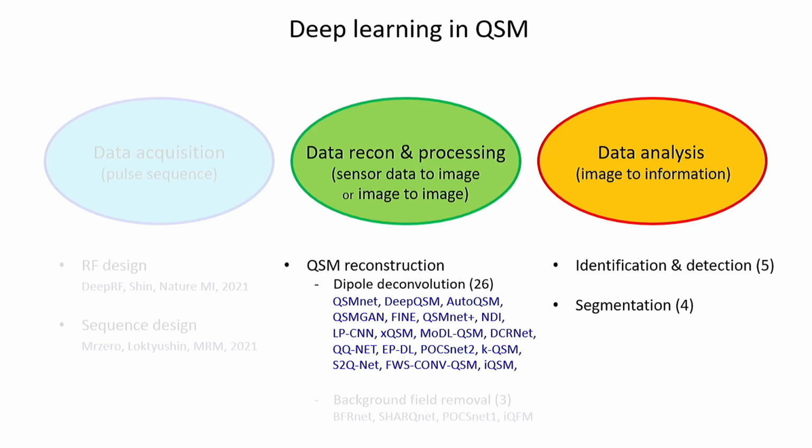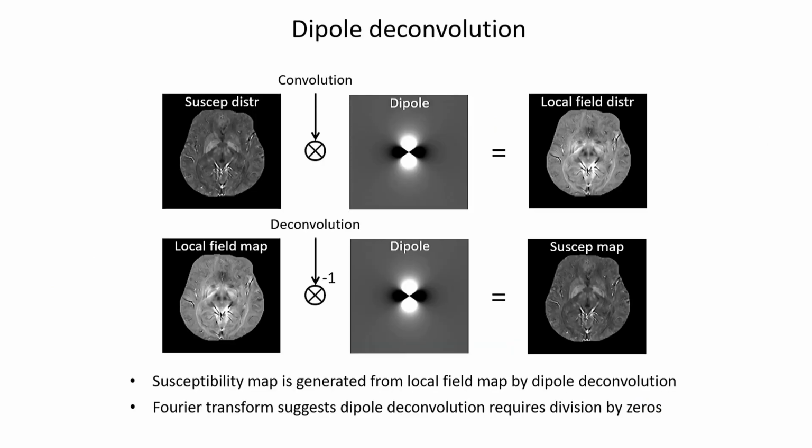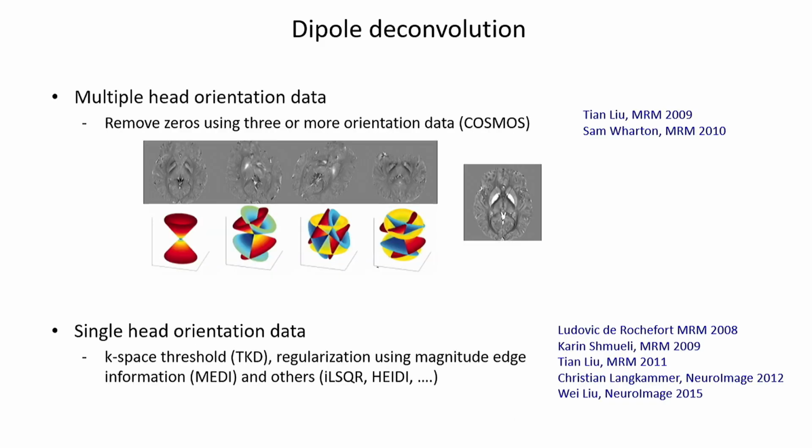Well, again, let's come back to the dipole deconvolution, as that will be the main topic of this presentation. I don't think I need to explain what dipole deconvolution means, so let's just go to the next page. If you think about how we can do this, there are two ways of doing it. The first approach is collecting multiple head orientation data sets so that you have a well-conditioned problem.